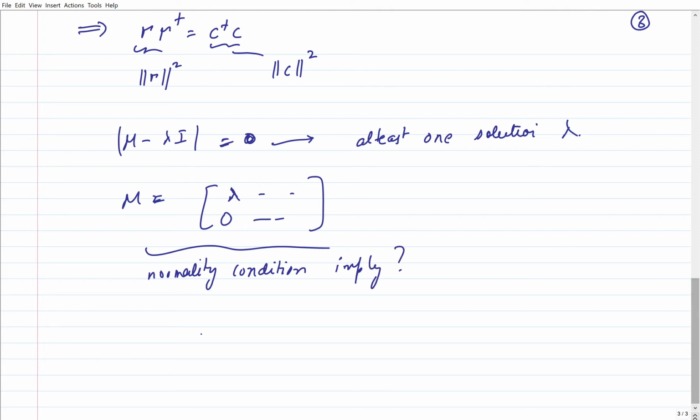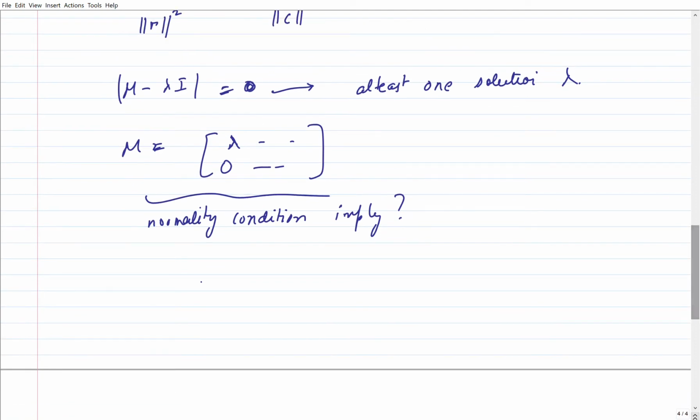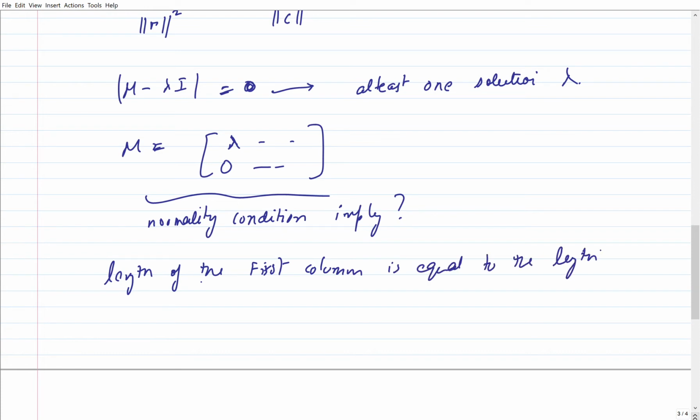Well, the normality condition implies that the length of the column is equal to the length of the row. This holds for any of the columns: the length of the first column is equal to the length of the first row.